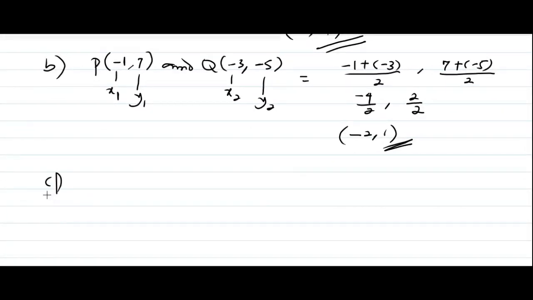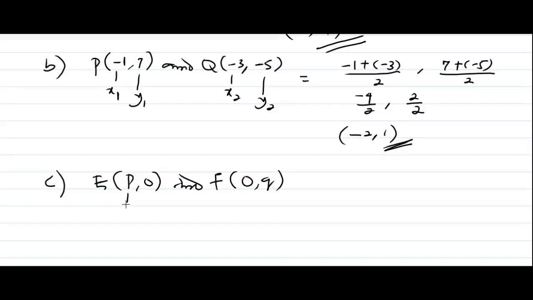So the third question, we have E into P, comma 0, and F into 0, comma Q. So this is our x1, this is our y1, this is our x2, and this is our y2.